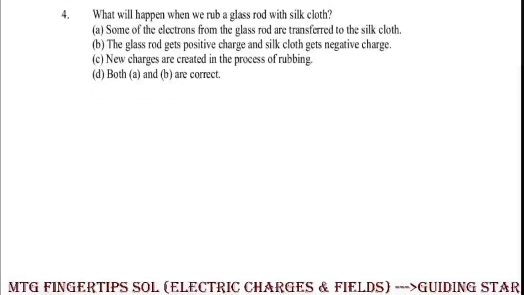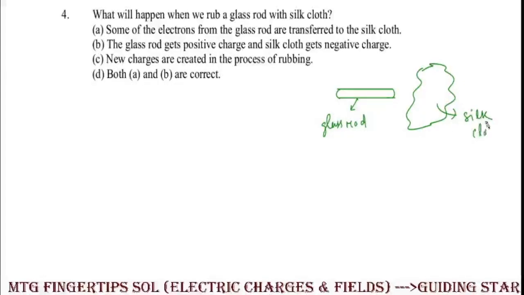Moving to fourth question, what will happen when we rub a glass rod with silk cloth? So everyone knows that when you rub a glass rod which is already neutral, clear, with a silk cloth, this is glass rod and here this is silk cloth.